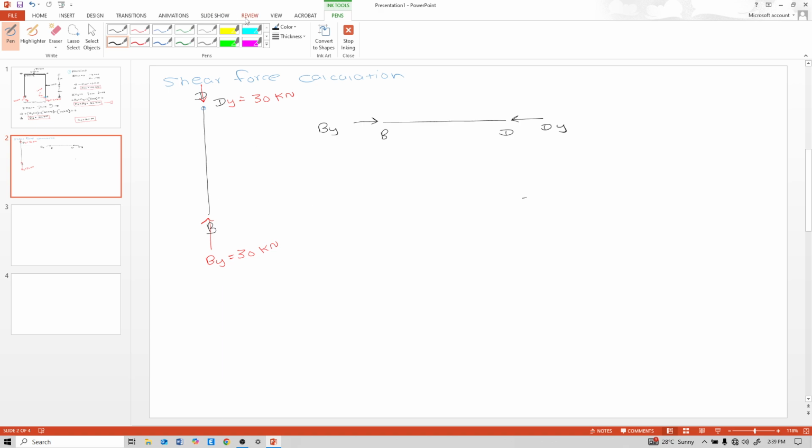So due to this, there is no shear. And at point B there is no moment, because B is a roller support. So at point D also no moment is generated. So no shear and no moment at this DB.